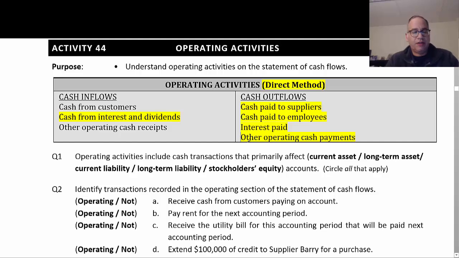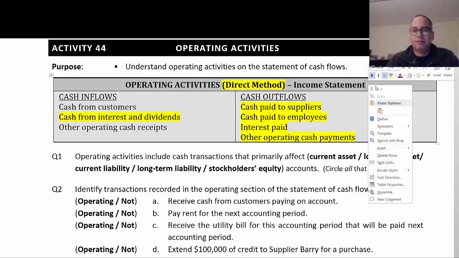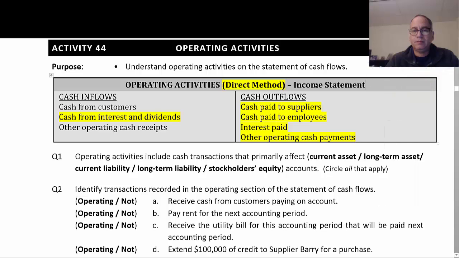The other thing to know about this is, while it's similar to the income statement, on the balance sheet it kind of impacts current assets and current liabilities. Just like I said previously, the investing section impacts what?